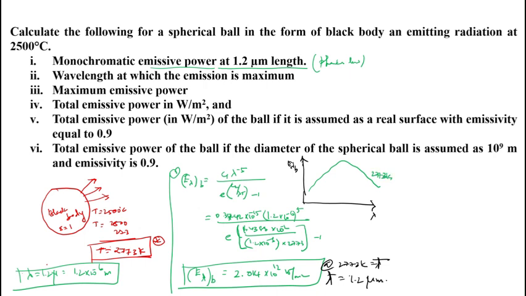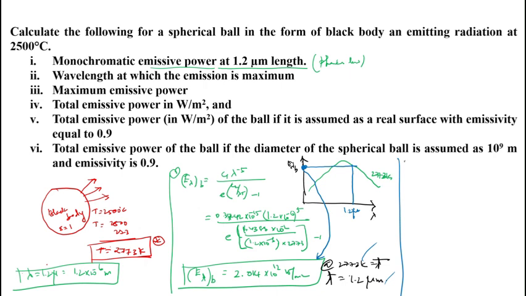At a wavelength of 1.2 micrometer, we get E lambda b equal to 2.014 into 10 to the power of 12 watt per meter square, at a wavelength of 1.2 micrometer and temperature of 2773 Kelvin. Please note that at a particular temperature and particular wavelength, we find the emissive power, and there we use Planck's law.